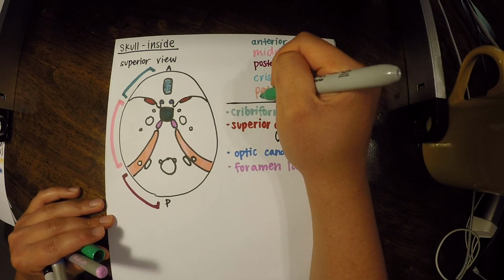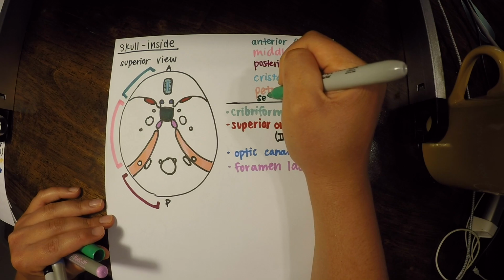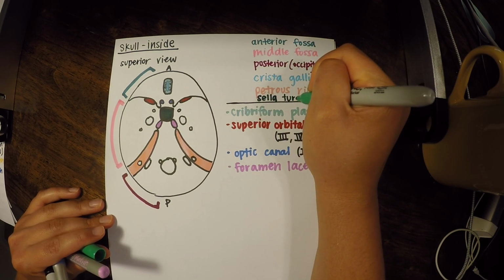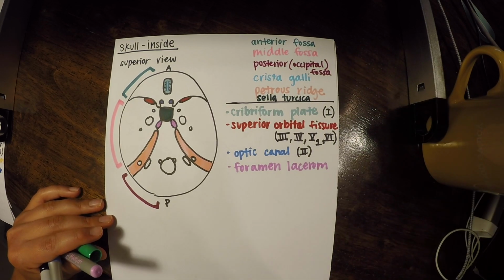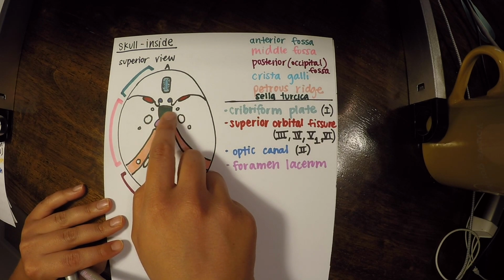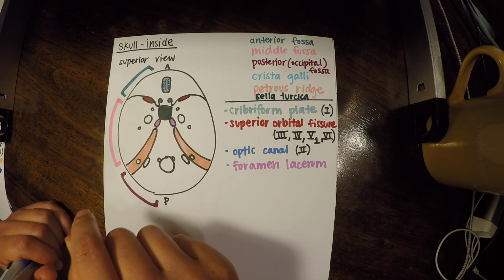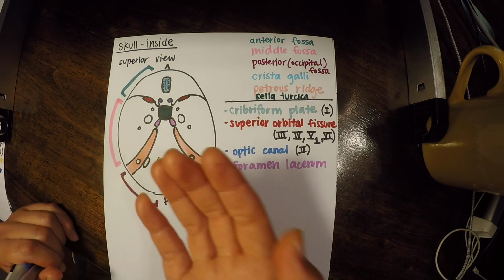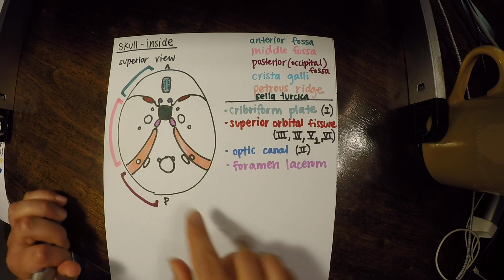So I'm going to write it up here because it's not a foramen. Sella turcica, which means Turkish saddle, which actually looks like a little saddle here. It's easier to see in 3D form, but if you can see it, it really is saddle shaped. So I forgot about that.